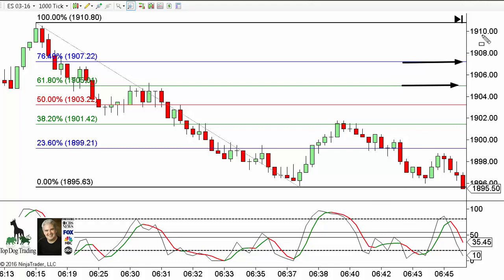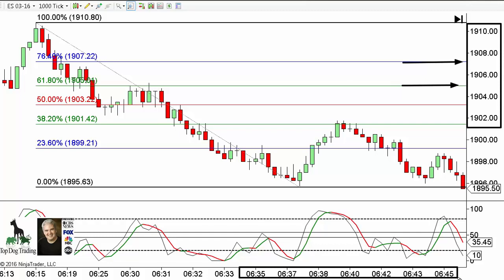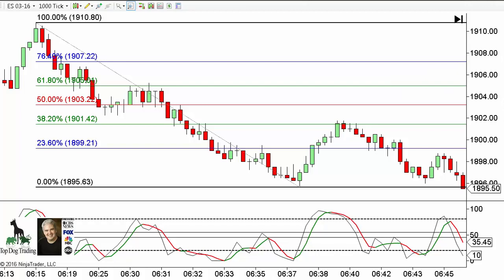So yes, we have price over here in the y-axis, but then on the x-axis, we have time. And that's it. That's what you've got to work with on a chart, time and price. So we are looking for the confluence of time and price in order to find where and when the market is going to put in a high and then continue back in the direction of the trend.